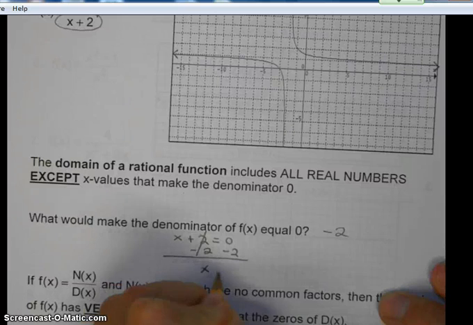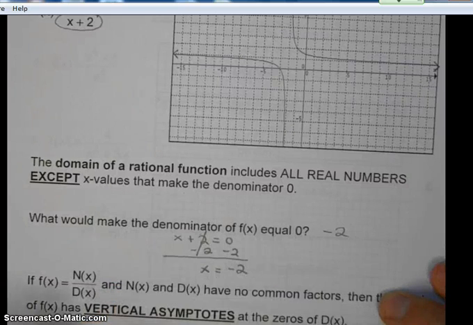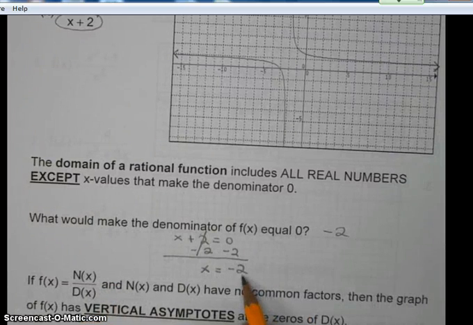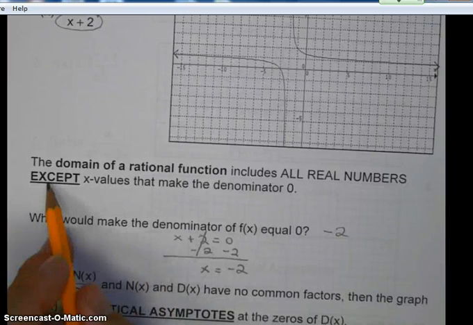This process gives you the vertical asymptote. It also tells you the exception for the domain.